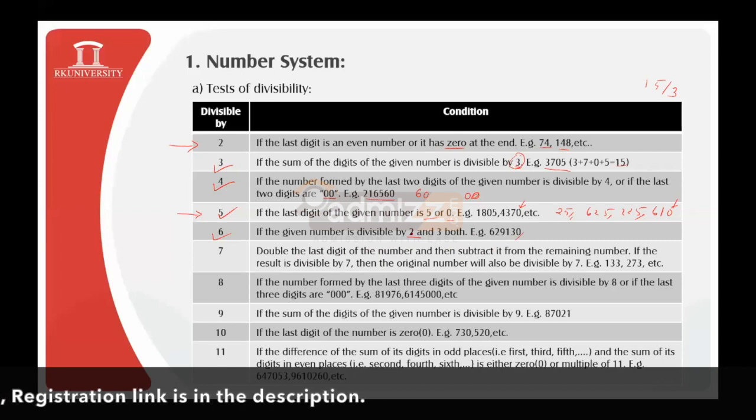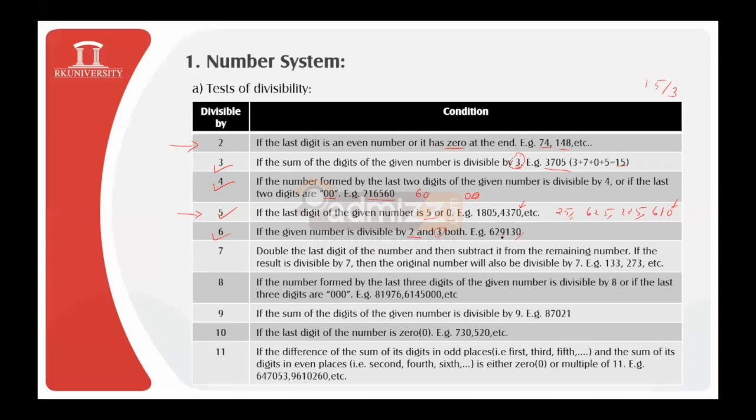When a number is divisible by 3, take the sum 6 plus 2 plus 9 plus 1 plus 3. If this sum is divisible by 3, then this is divisible by 2 and 3 both. If the number is divisible by 2 and 3, then this is divisible by 6. This is great thing.